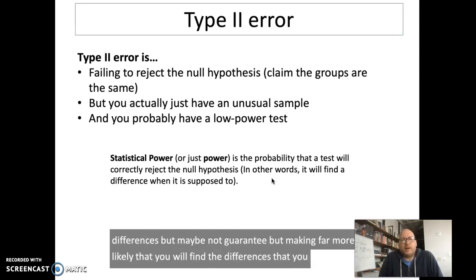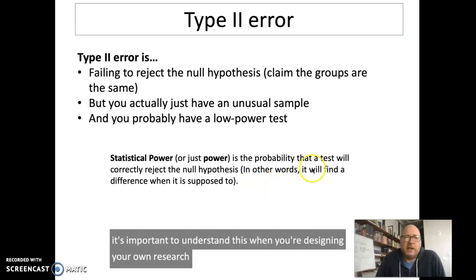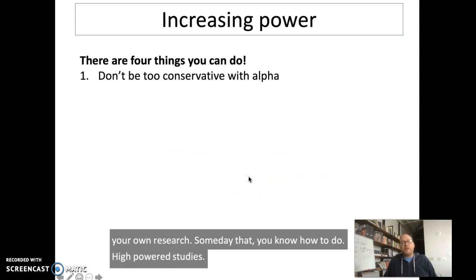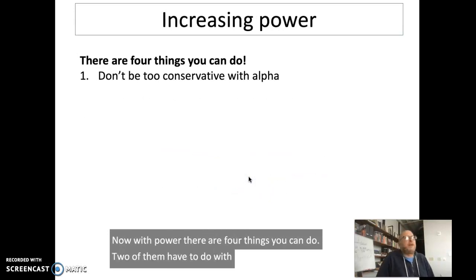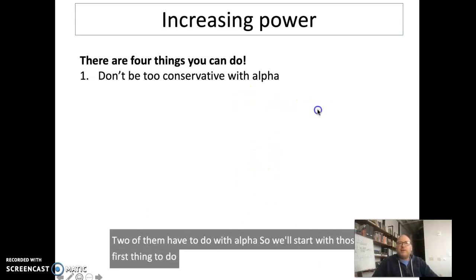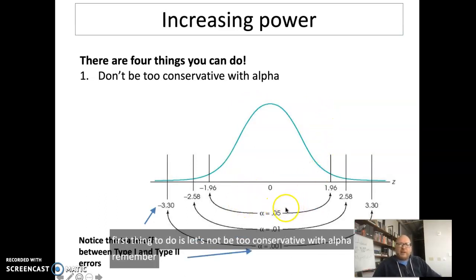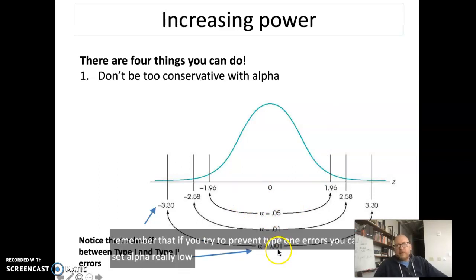So it's important to understand this so when you're designing your own research someday you know how to do high-powered studies. Now, for power, there are 4 things you can do. 2 of them have to do with alpha, so we'll start with those. The first thing to do is let's not be too conservative with alpha. Remember that if you try to prevent type 1 errors, you can set alpha really low, like 0.1%.